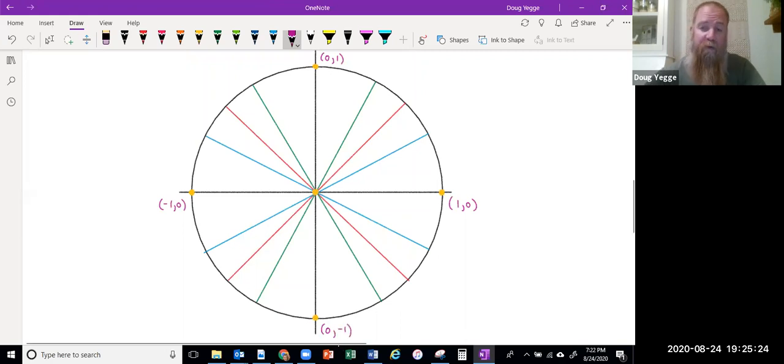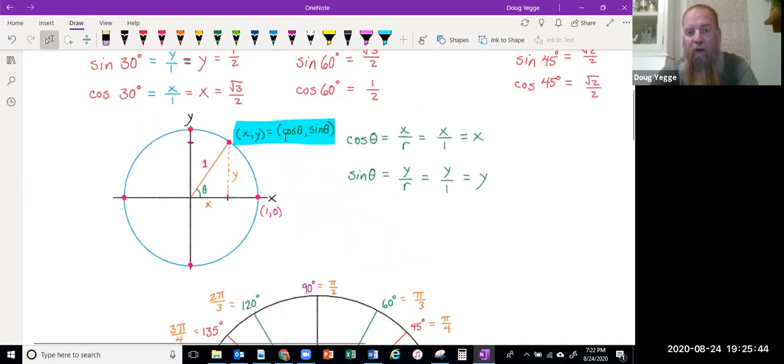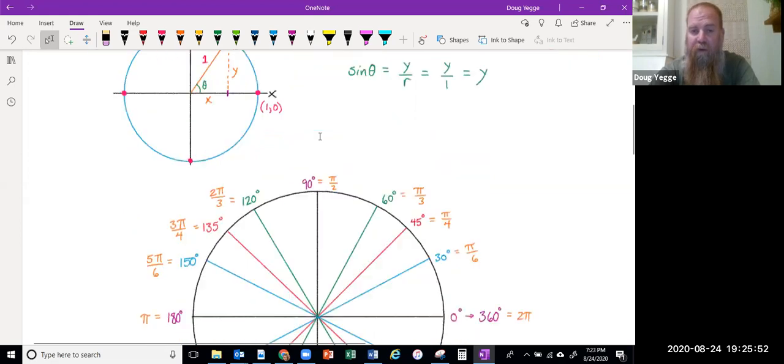Now what we're interested in is finding the rest of these points. What is this ordered pair, and this ordered pair, and this ordered pair? Because what we just saw is that if we could find out what those ordered pairs are, then we're going to know what cosine of those angles are going to be and what sine of those angles are going to be immediately, just by knowing the points on this unit circle.